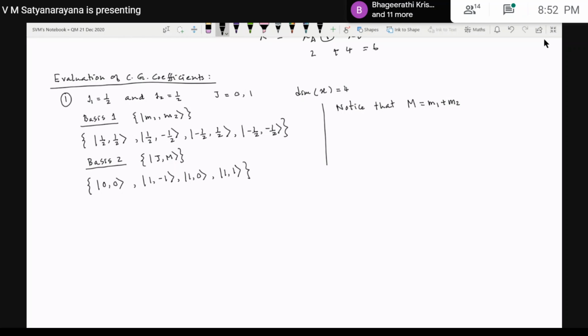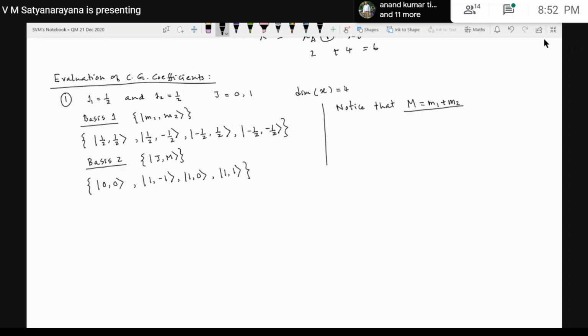That should be equal to the sum of the quantum numbers associated with the z components of J1 and J2. So this is a constraint. If it is not satisfied, then the corresponding Clebsch-Gordan coefficient will be 0. This helps us in calculations quite a bit.